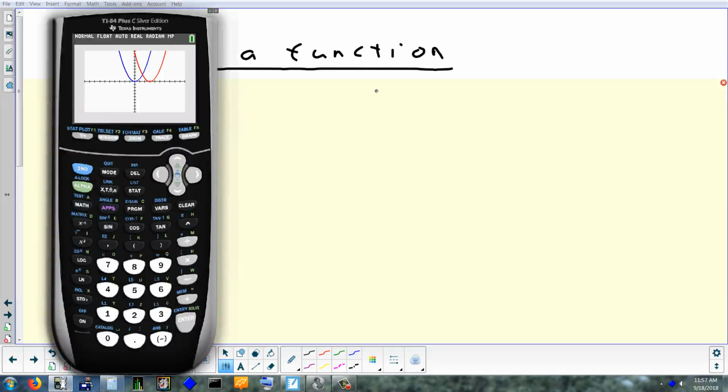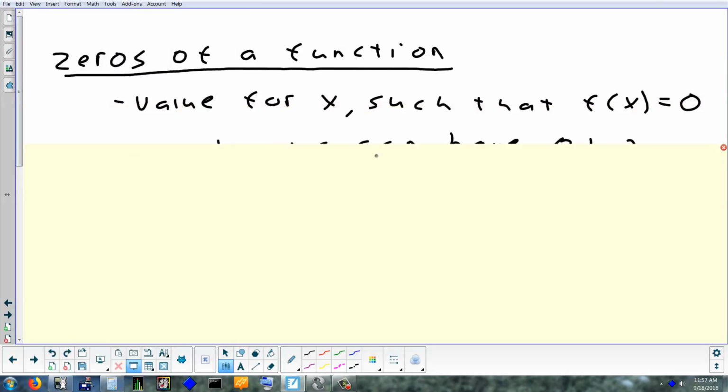How do you get to that button? Isn't it just second and then calc? Yeah, it's just second calc and calculate a 0. So basically, it's a number you plug in for x. And when you plug it in, you get 0 for y. That means that's where it crosses the x-axis.